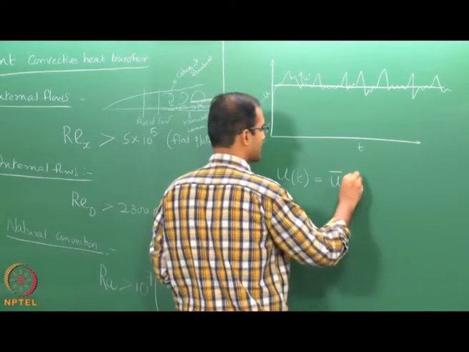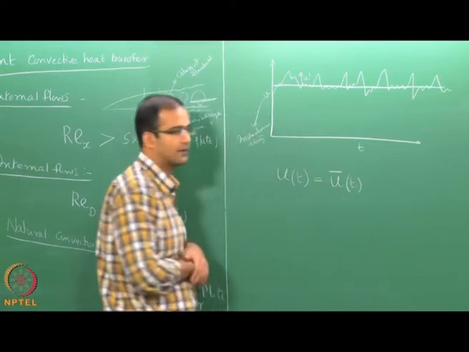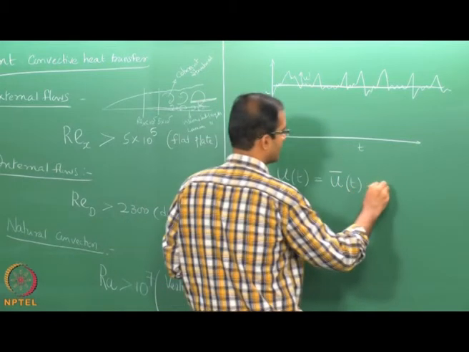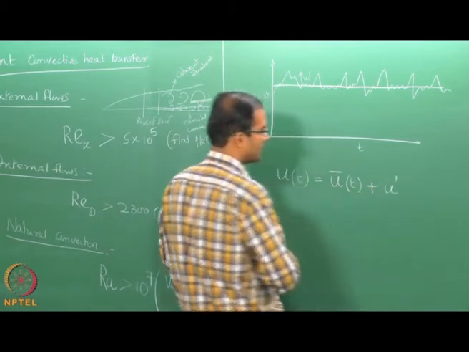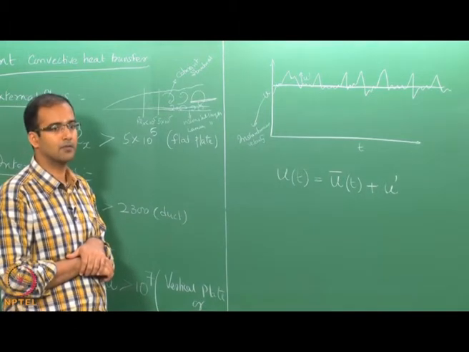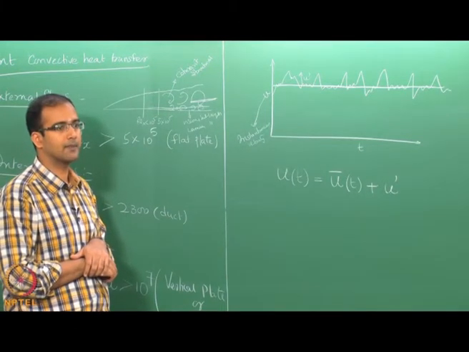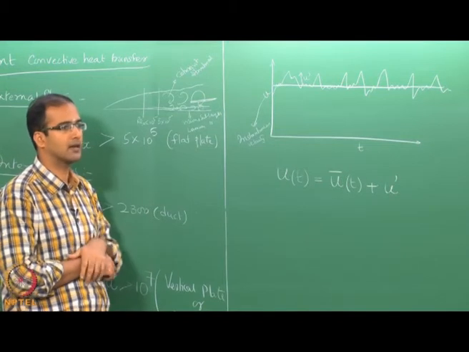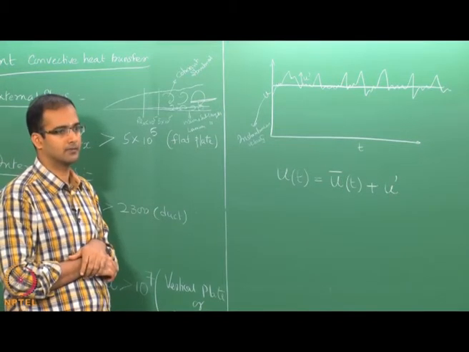This average can also be a function of time, we will see that, plus you have the fluctuating component. So, this is a simpler way of representing the instantaneous velocity, because the instantaneous velocity has too much data which we may not need, okay.